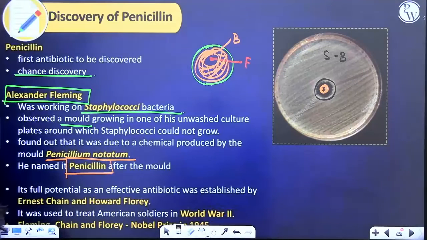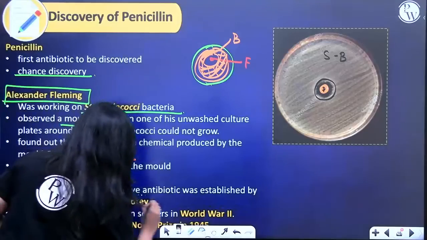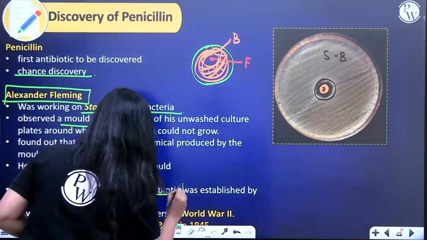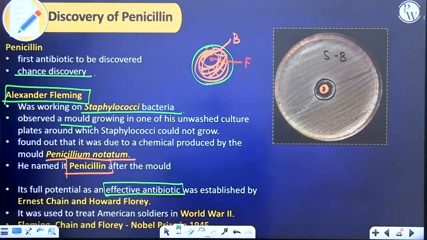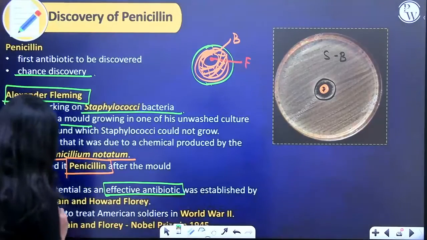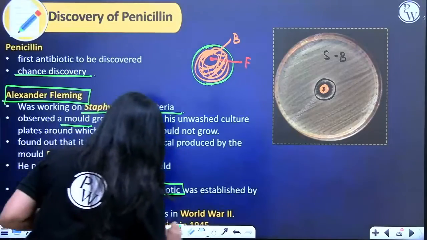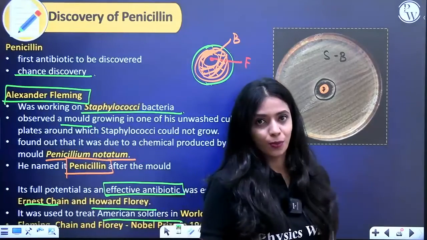So though it was Alexander Fleming who first discovered penicillin as an antibiotic, its full potential as an effective antibiotic was established by two people, Ernst Chain and Howard Florey. After that, it was used to treat American soldiers in World War II.